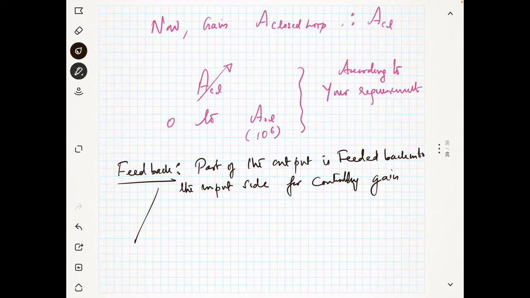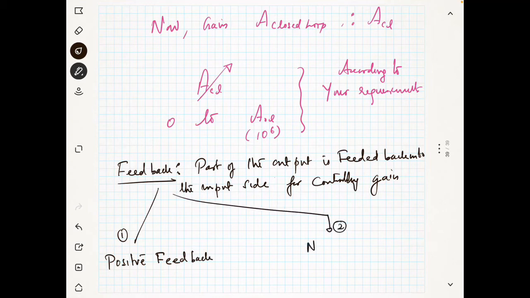So feedback can be classified into two types. We have the first type as the positive feedback, and the second one is the negative feedback. If we use the positive feedback, the problem is that if you are taking the output and feeding back positively, it will get added with the input.